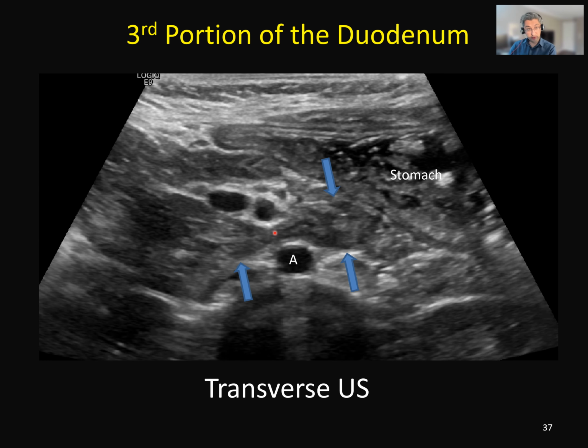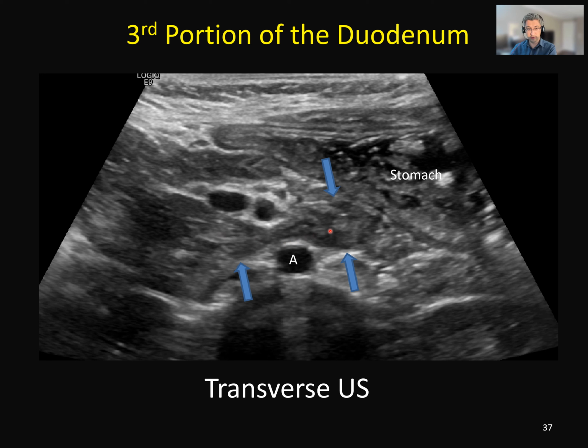Another sonographic feature for the diagnosis of malrotation, or excluding the diagnosis of malrotation, is the third portion of the duodenum. Normally it's a retroperitoneal organ and it crosses the midline between the aorta and SMA.